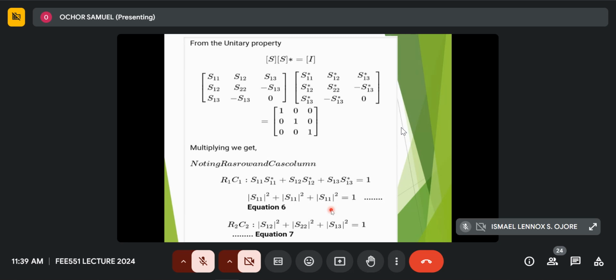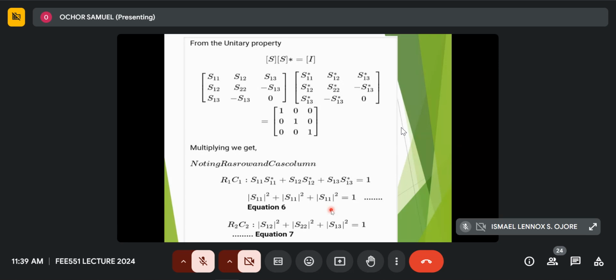You can see S11 will be there, S12 is going to be common in the two equations, and also S13 is going to be common. So if you subtract the two, what you are going to get is S11 from the first equation minus S22 from the second equation is equal to 0. And what that means is S11 is equal to S22.